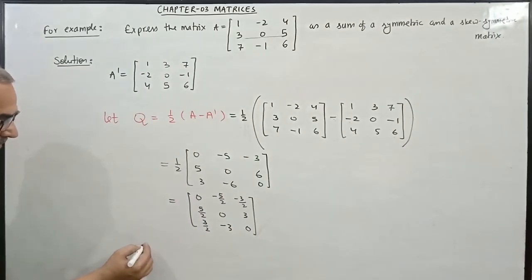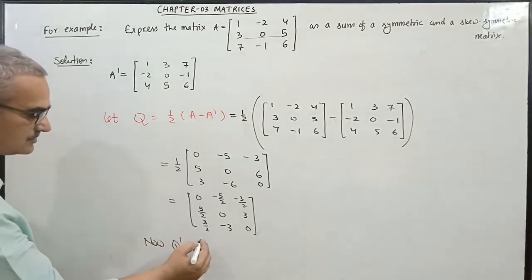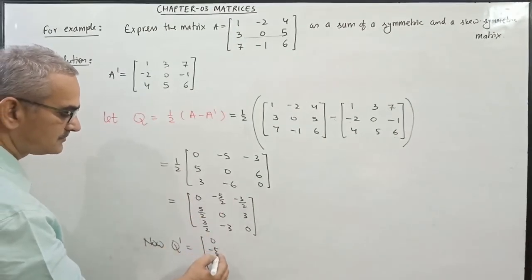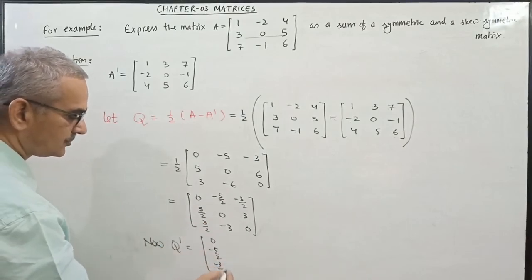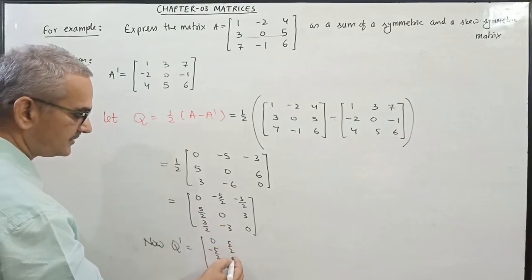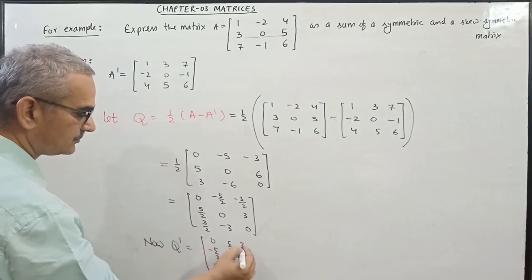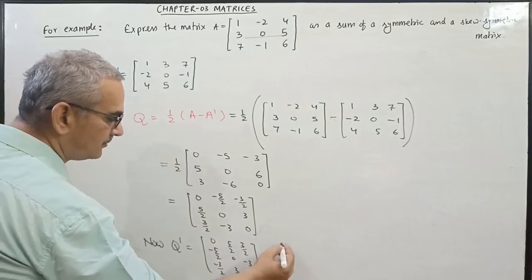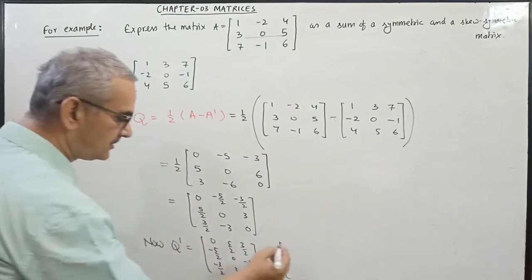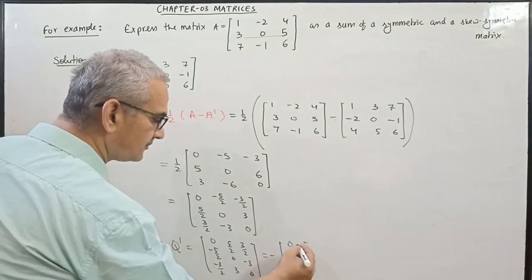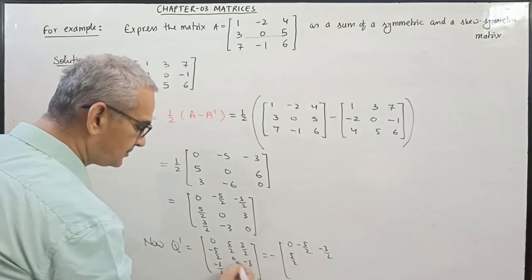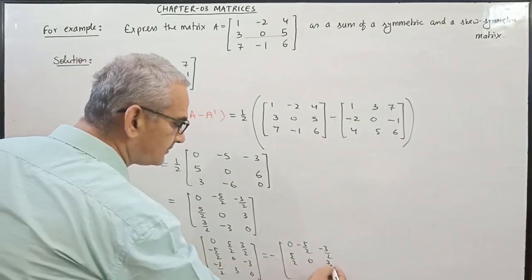So let's check. Now Q dash is equal to, so let's take its transpose. So 0, the first row will become the first column. Second row is the second column. And the third row is the third column. Then take minus common from each element. So we have 0, this is 5 by 2, minus 5 by 2, minus 3 by 2. Here we have plus 5 by 2, 0 and 3.